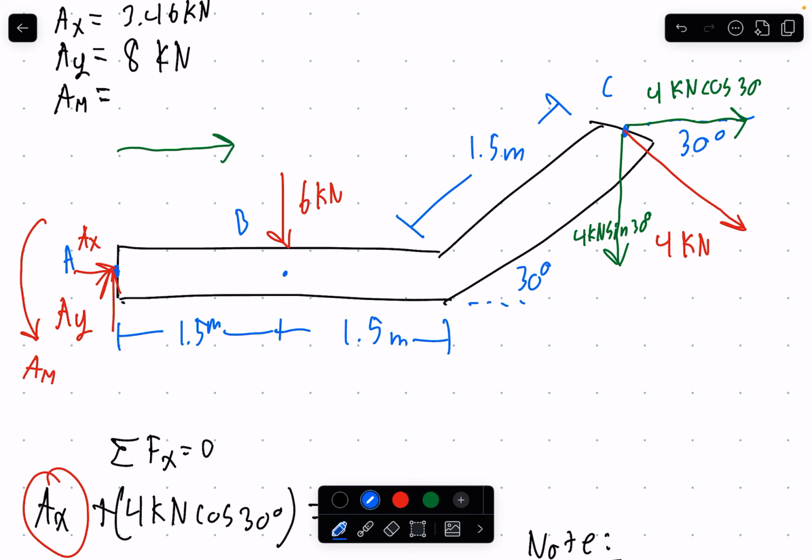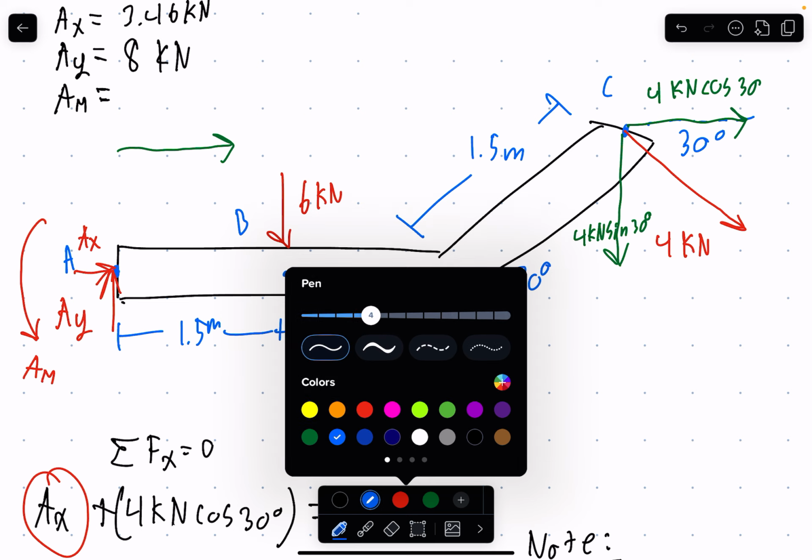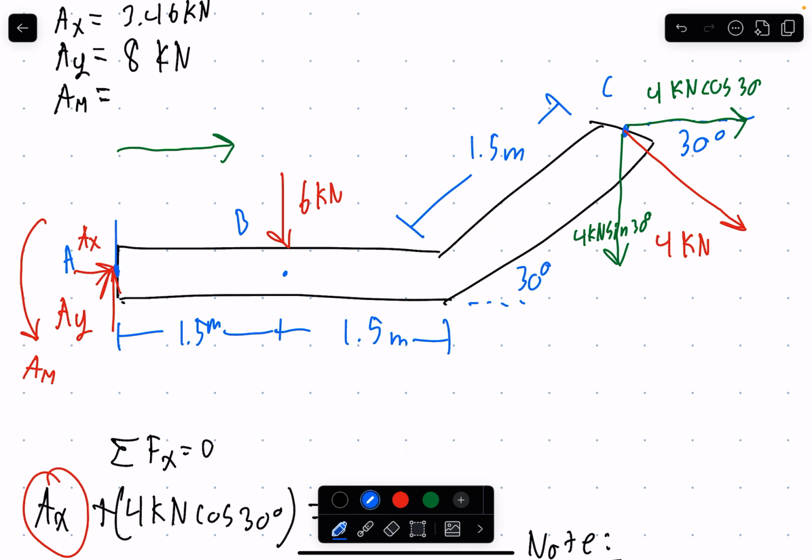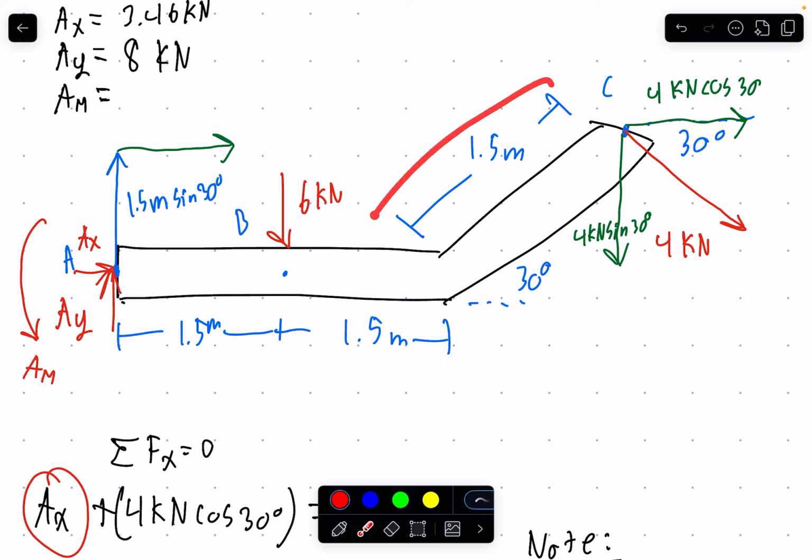And if you see, then we can see that our moment arm is going to be that right there, which is simply going to be 1.5 meters times the sine of 30. Because we're given the hypotenuse in this triangle, and we know the angle right here is going to be 30, if we take the sine of it, we're going to find that height right there, which will be our moment arm.